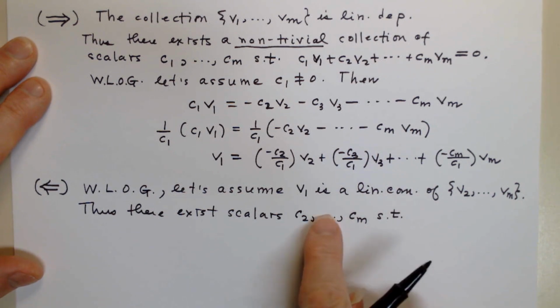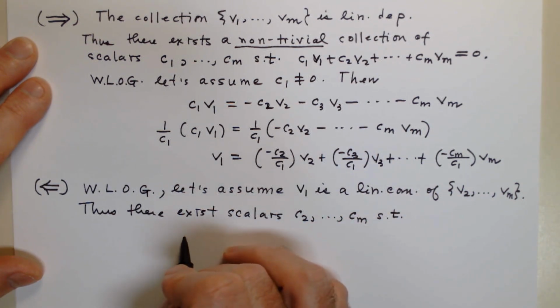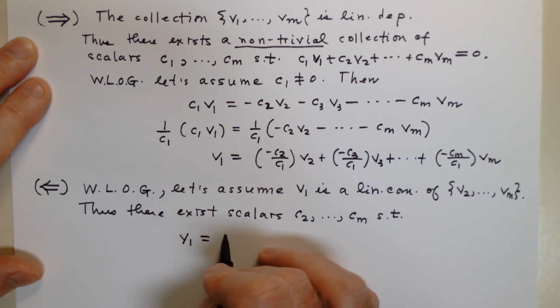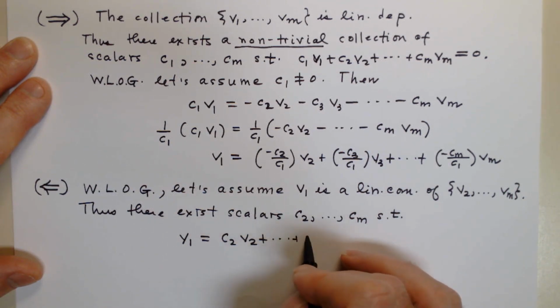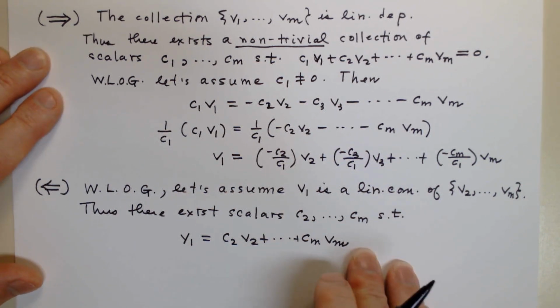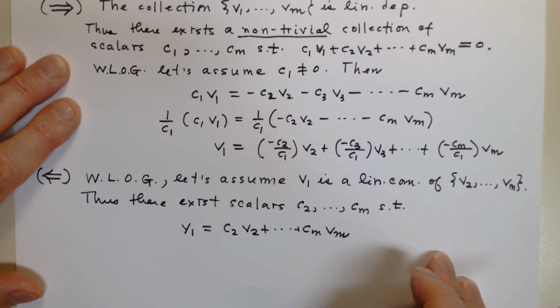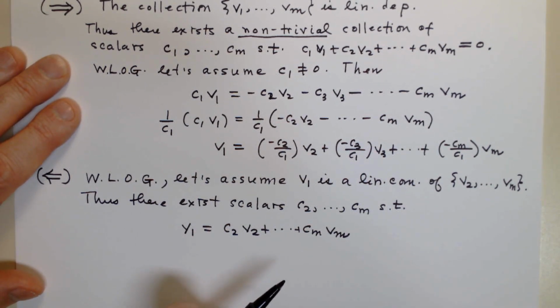There would have to be scalars C2 up through Cm such that V1 is expressible as this linear combination of V2 through Vm. Now the last step is just to move V1 to the other side as minus V1, or better as minus 1 times V1.